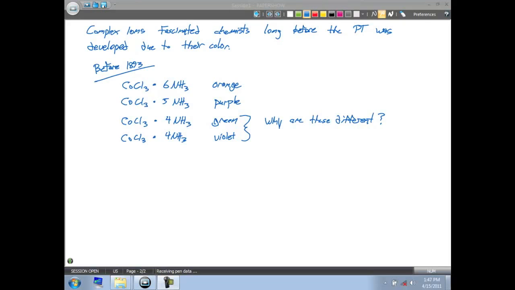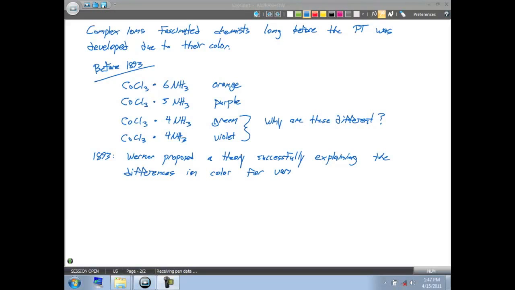So in 1893, Werner proposed a theory successfully explaining the differences in color for various transition metal complexes.